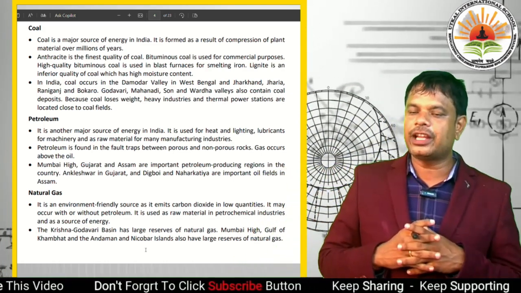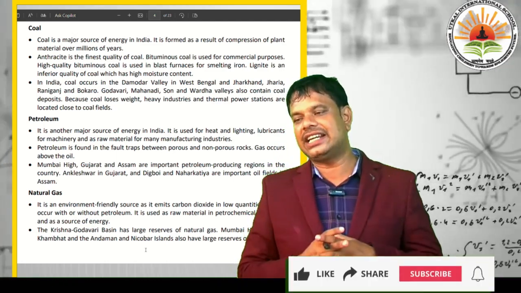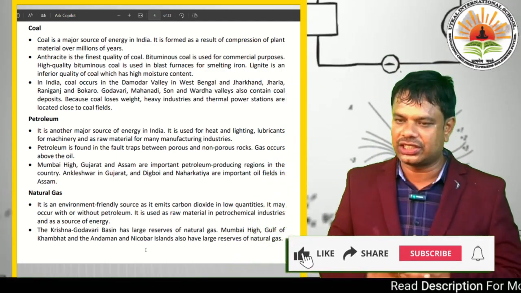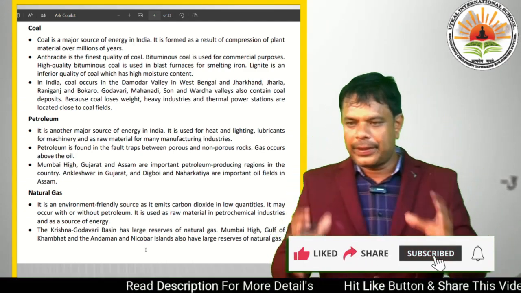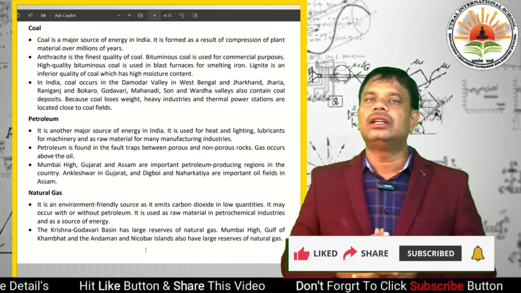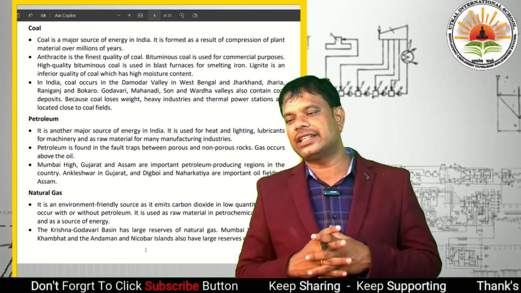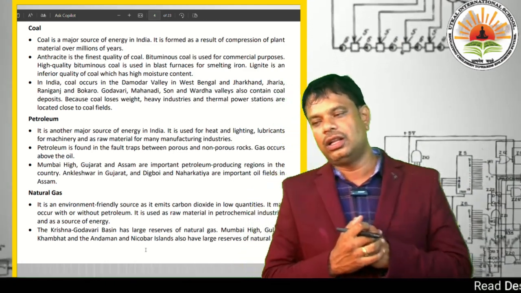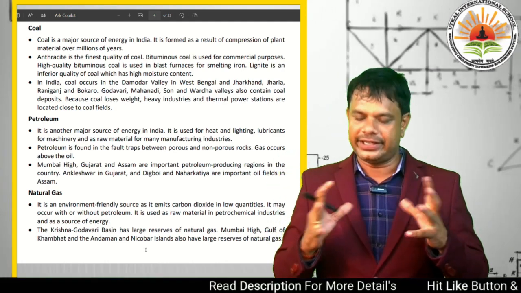Because coal loses weight, heavy industries and thermal power stations are located close to the coal fields. It has heavy weight, so transportation cost is very high. So industries which depend upon coal, like thermal power stations, are located close to the coal fields.